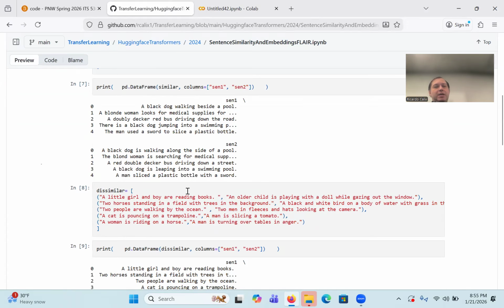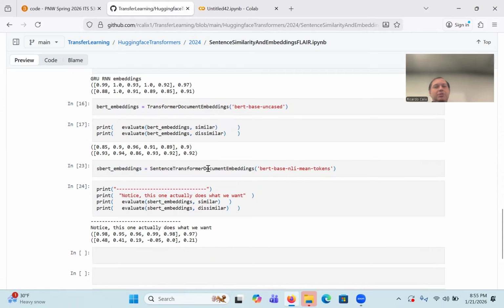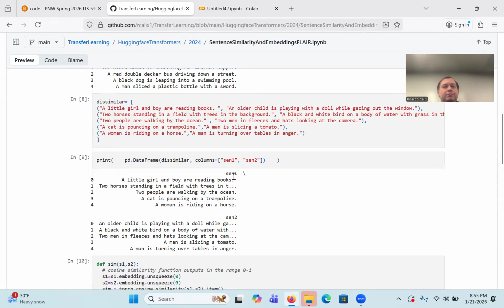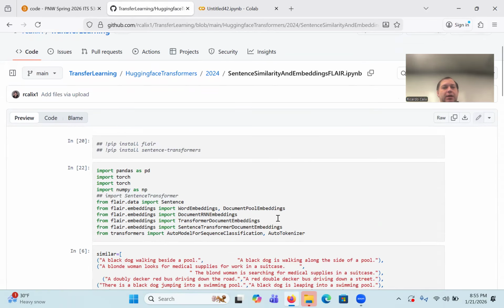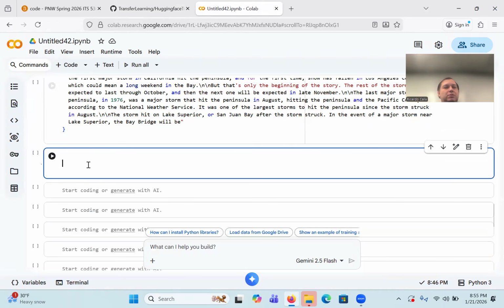So let's go ahead and do that, and you'll see at the very end I'll be using a BERT-based NLI model to do this. So a type of a BERT score. All right, so let's go ahead and grab the libraries. You can see a lot of libraries. We may need to install also some things like Flair.